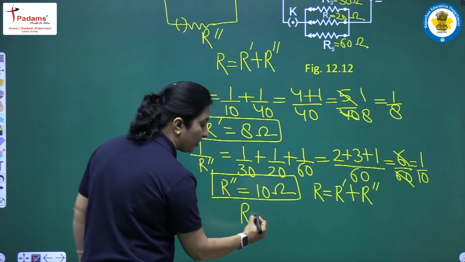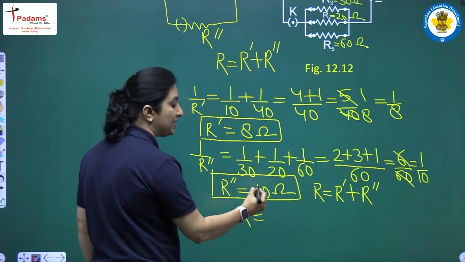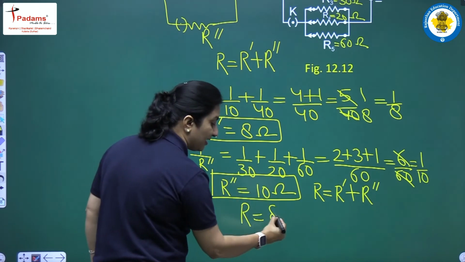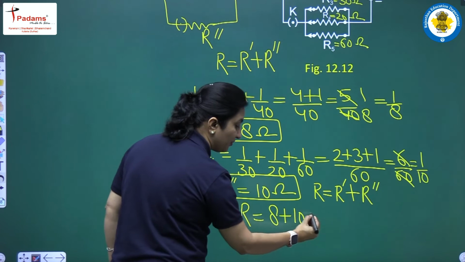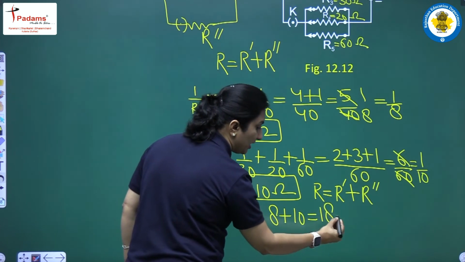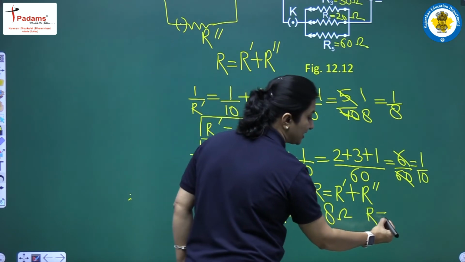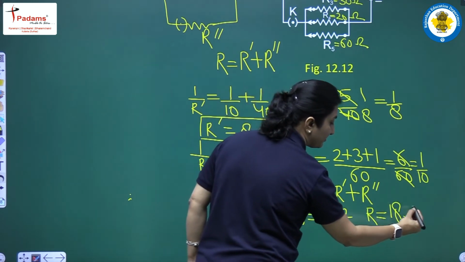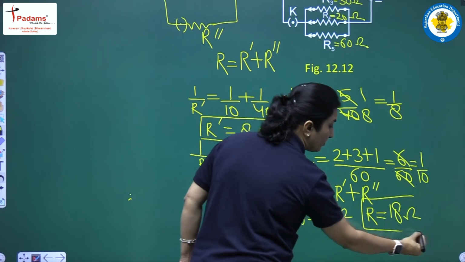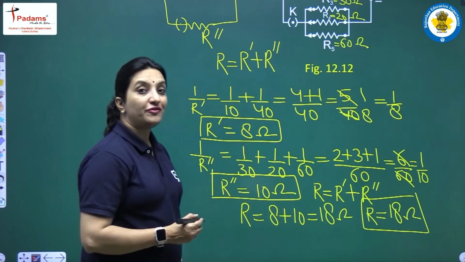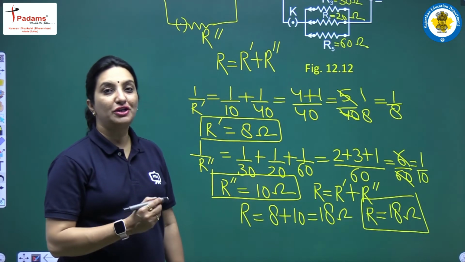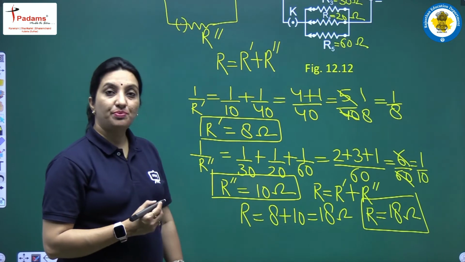The total equivalent resistance of the circuit will be 8 plus 10, which is equal to 18 ohms. So the net equivalent resistance of the circuit is 18 ohms. So we have solved part A of the numerical problem, and the next part, what is asked?